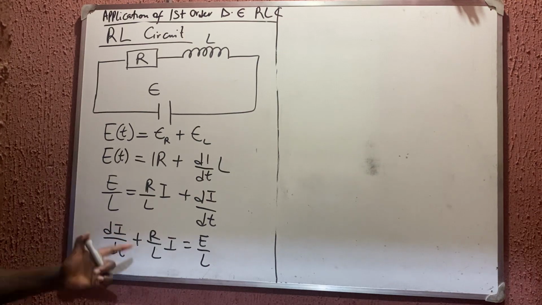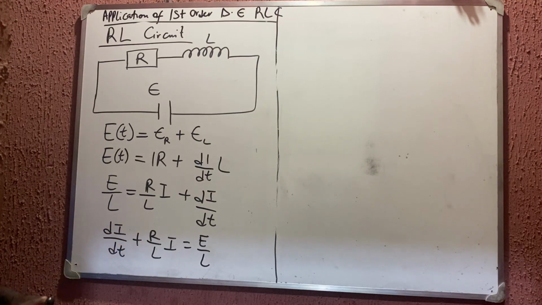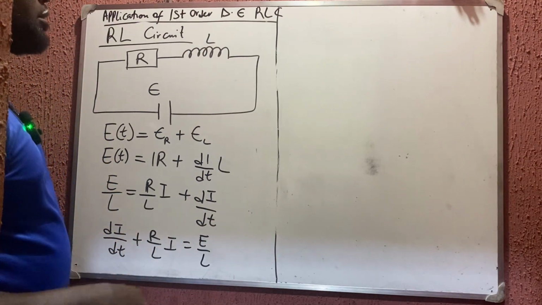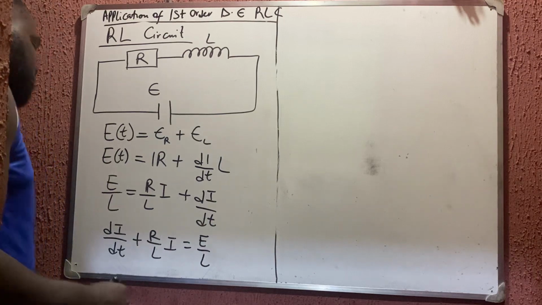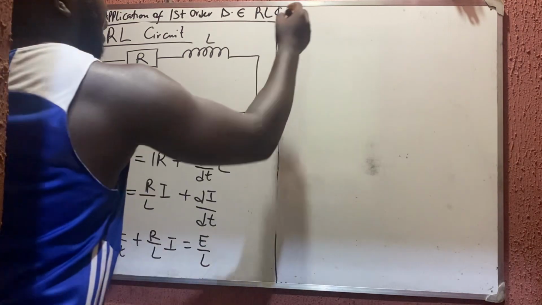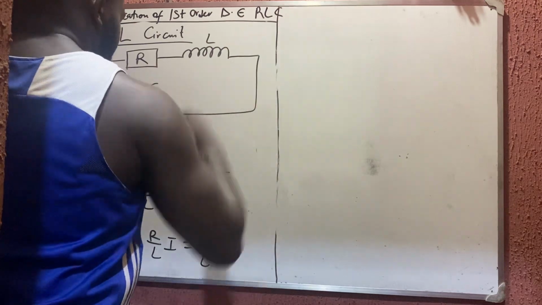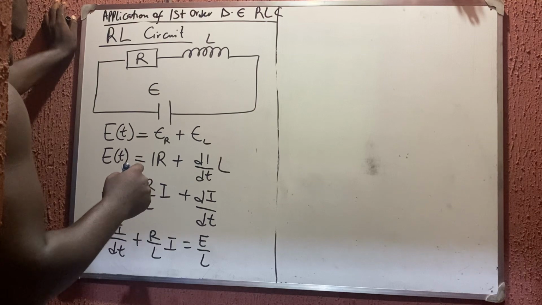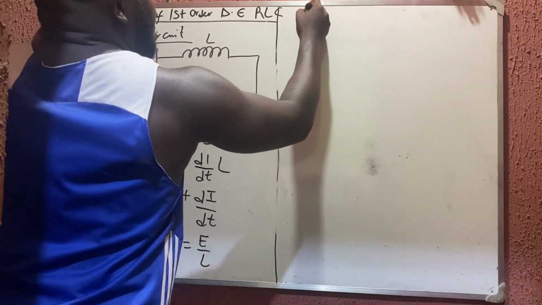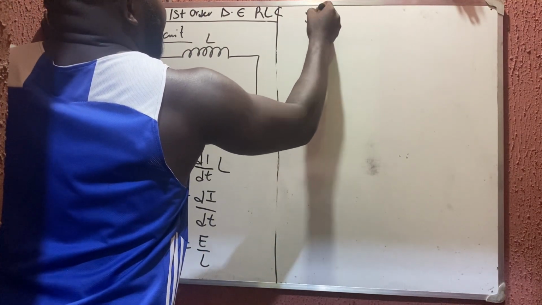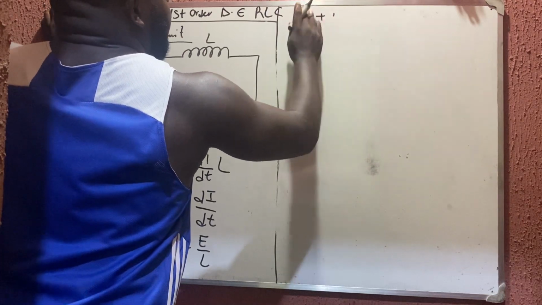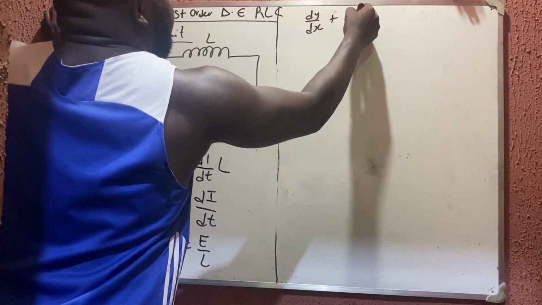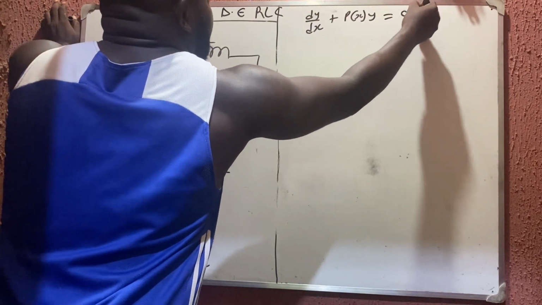Now if you look at this equation, you notice that this is a first order linear differential equation. If you have not watched my video on differential equations, you should do that. The link should be in the description. A first order linear differential equation looks like this: dy/dx plus p of x times y is equal to q of x.